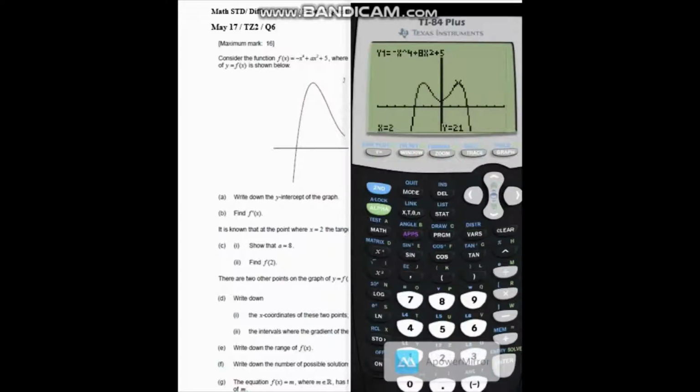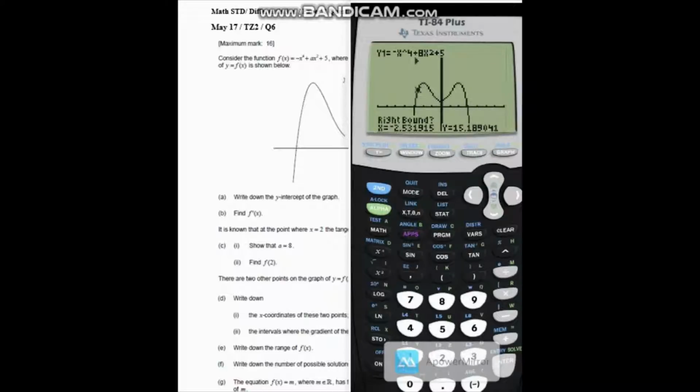So in case you could not make this deduction on your own, just press second, trace, find minimum, and there is your minimum, left bound, right bound, and guess. And the minimum exists at x equals 0. So one of your solutions is x equals 0. Then second, trace, find maximum.